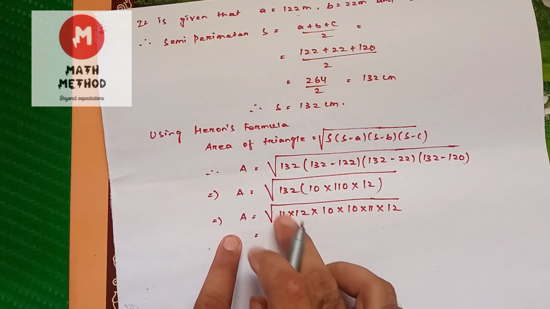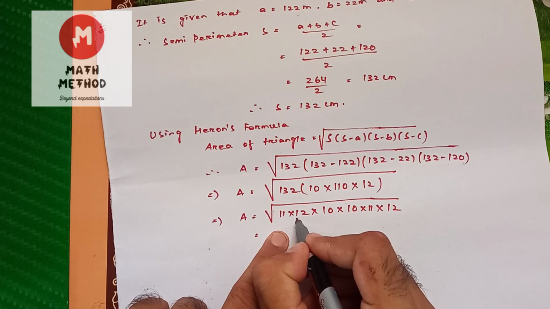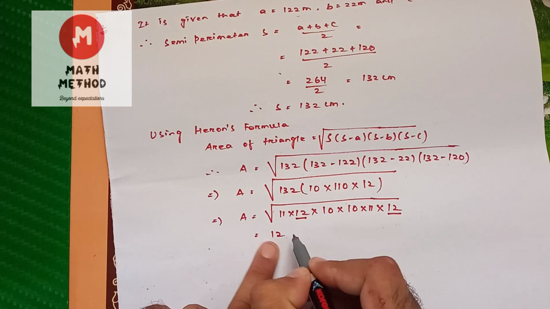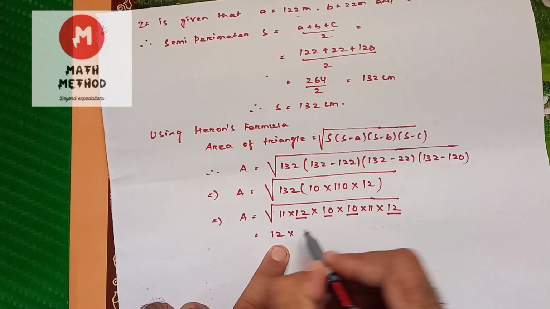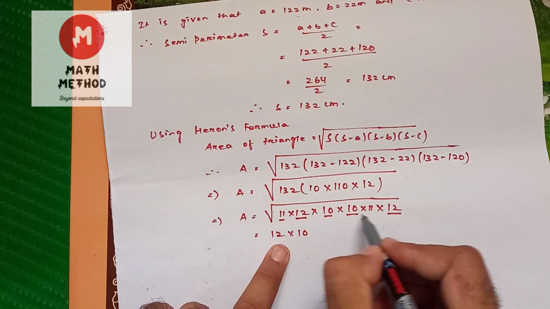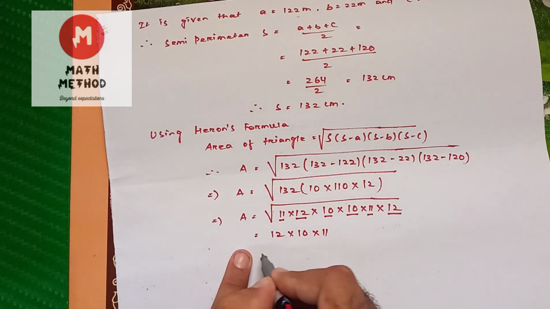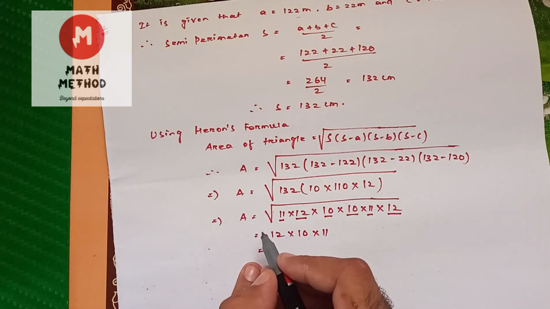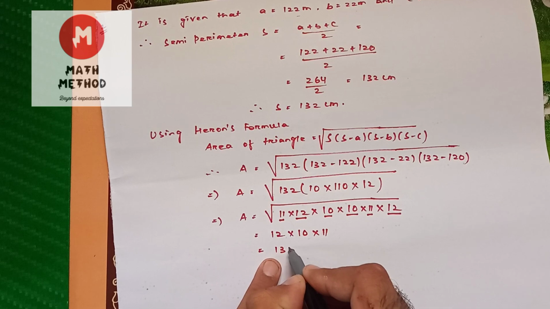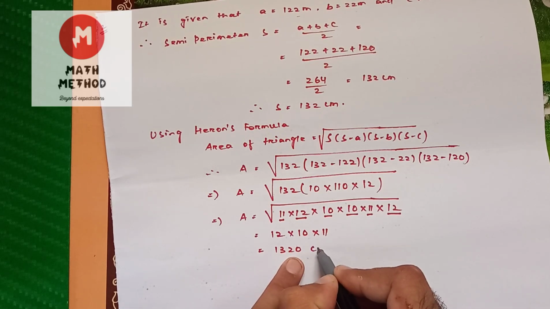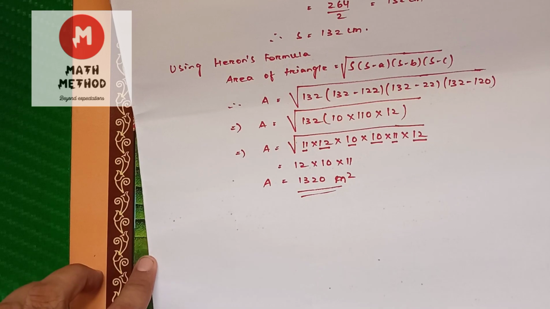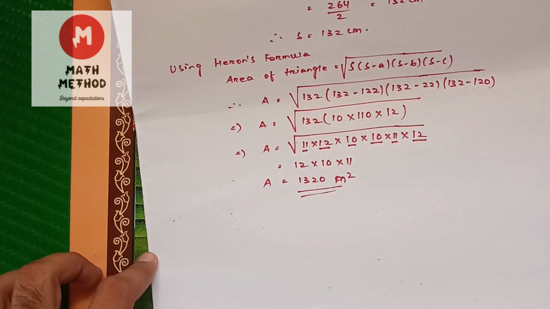Here we have two 12s, two 10s and two 11s, so we take one of each out of the root: 12 into 10 into 11 is equal to 1320 meter square. This is our area. Now clear, area of triangle is equal to 1320 meter square.